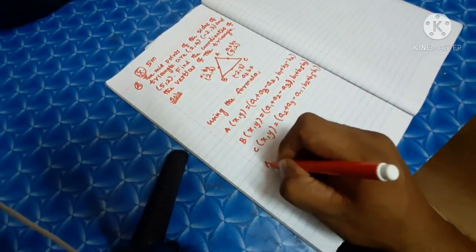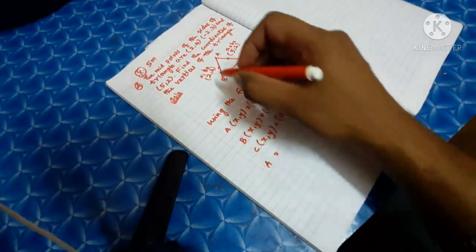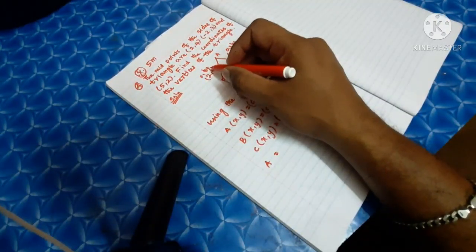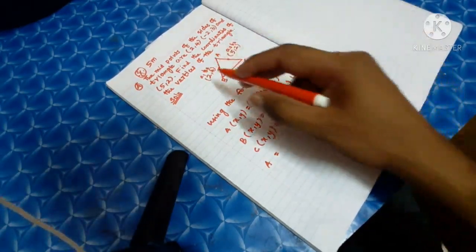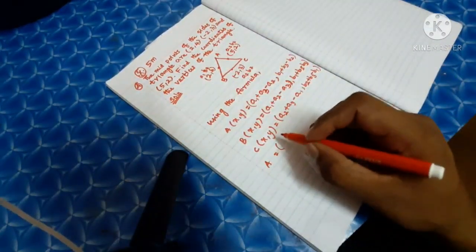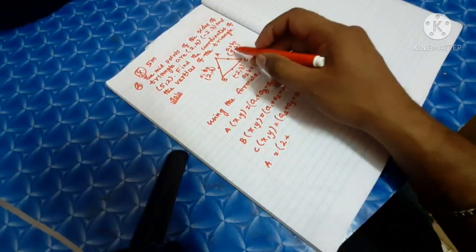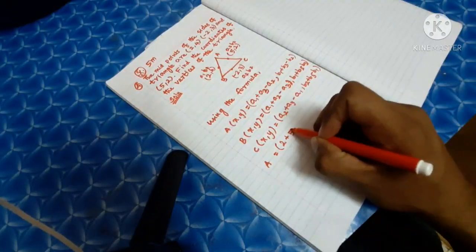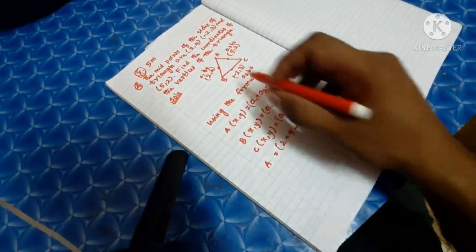For point A, this point is a1 b1, a2 b2, a3 b3, we can take it like this. For a1 the value is 2, plus a3 which is 5, 2 plus 5, minus a2 which is minus 2.